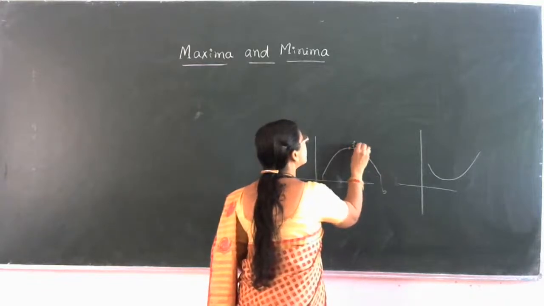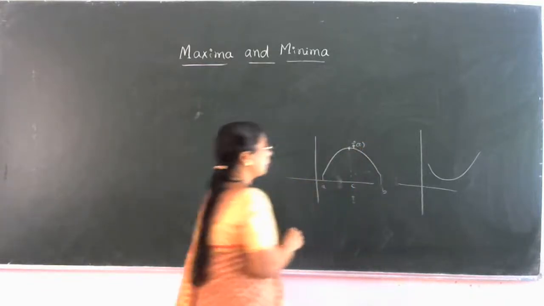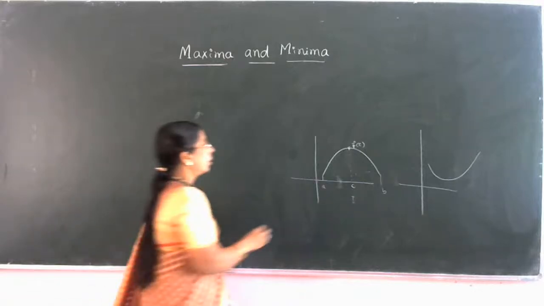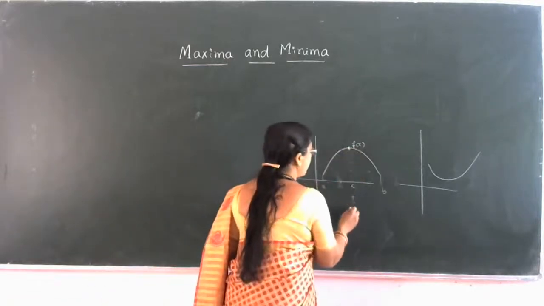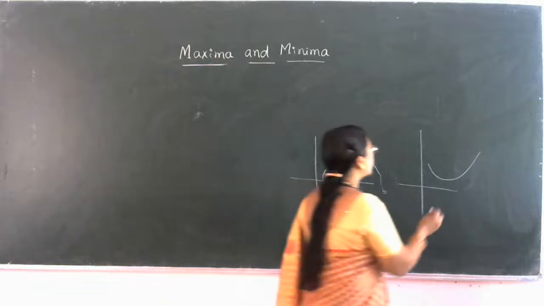It's the f of C, the maximum value. This point is called the maximum value.